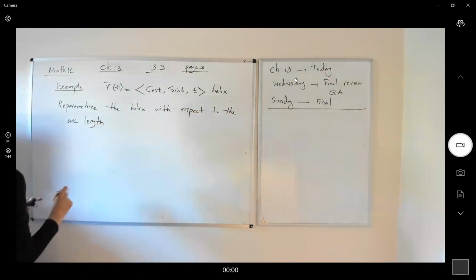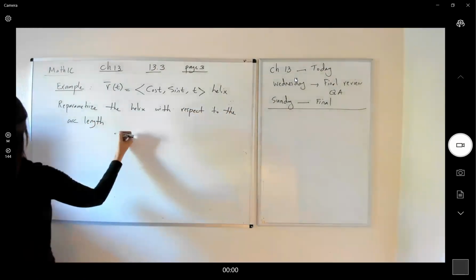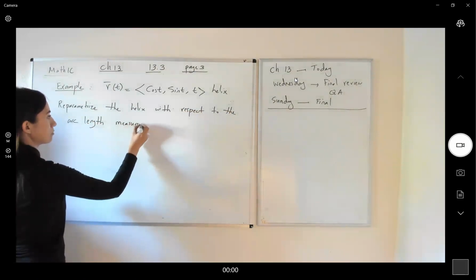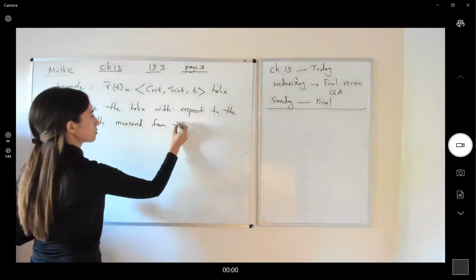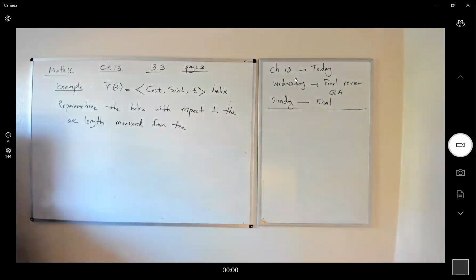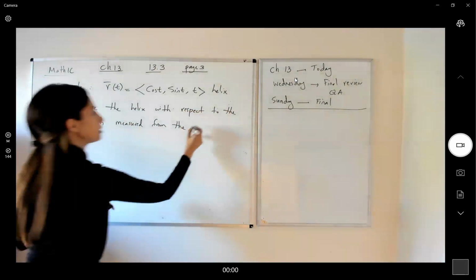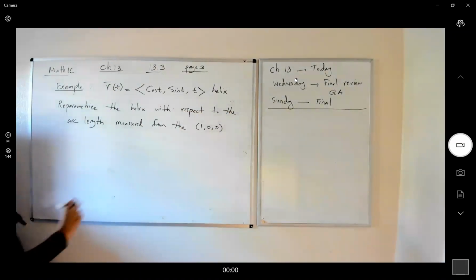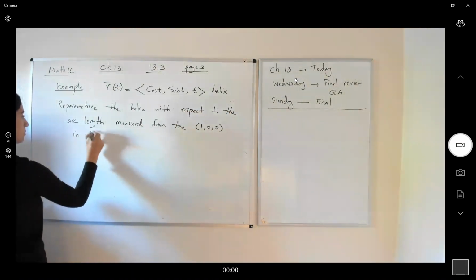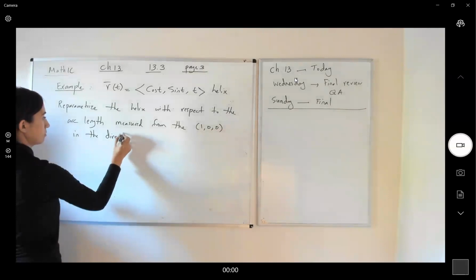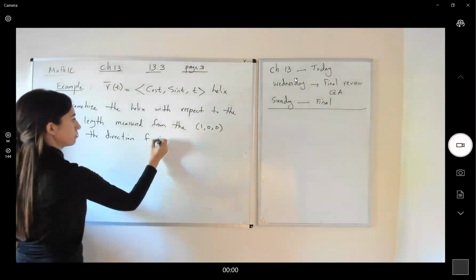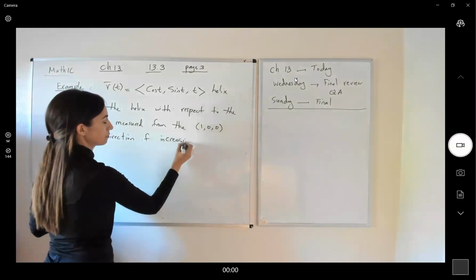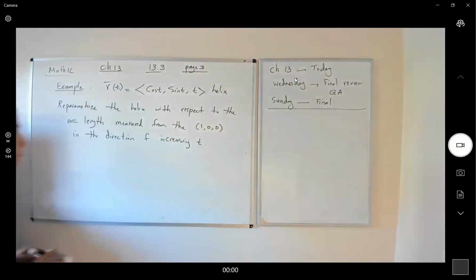So suppose you have an arc length which is measured from (1, 0, 0) in the direction of increasing t.